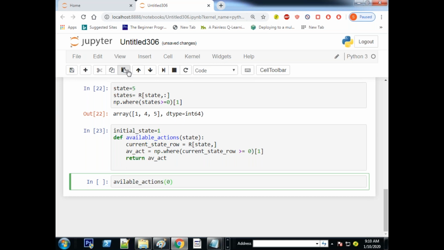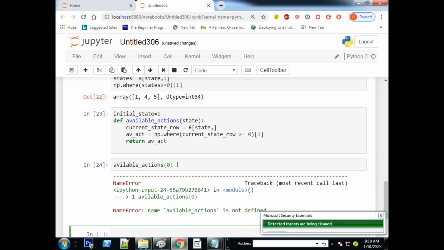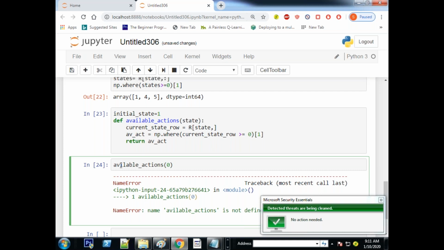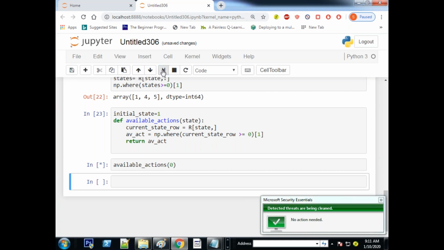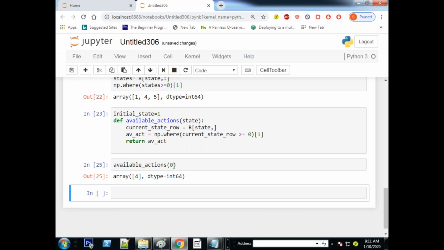If I am in 0, what actions are possible? Available, spelling mistake. What actions are possible? Only 4. I am coming to number 1. What is 1? Tell me. 3 and 5 possible.